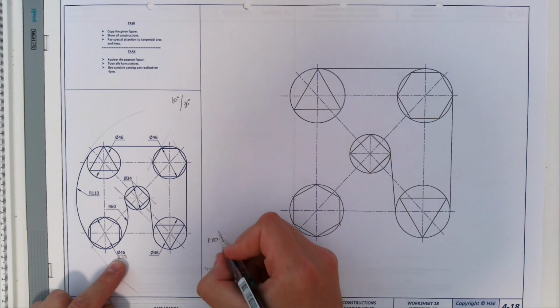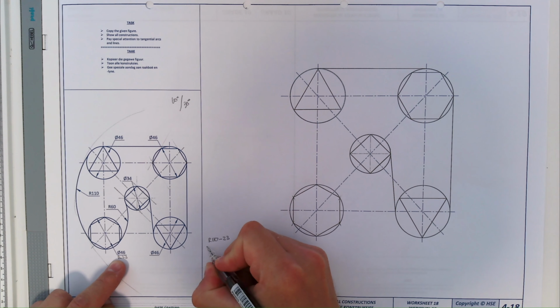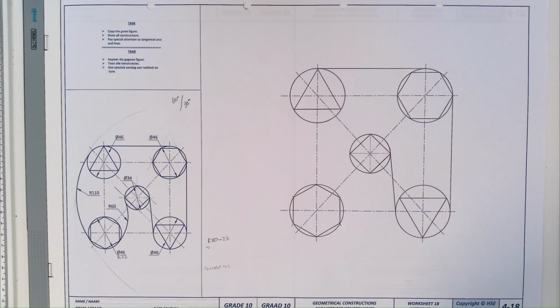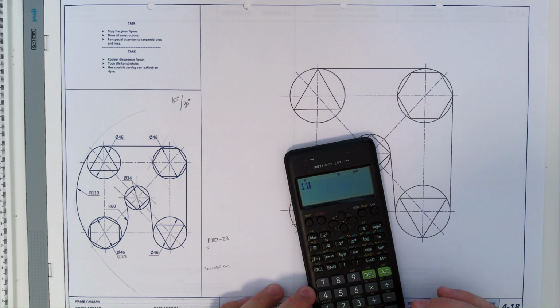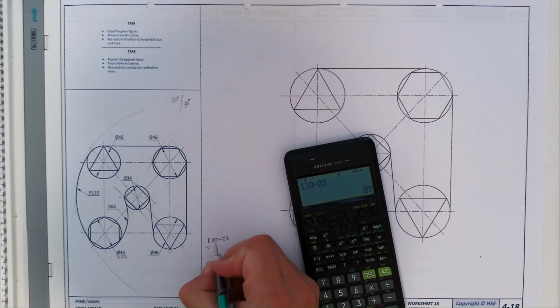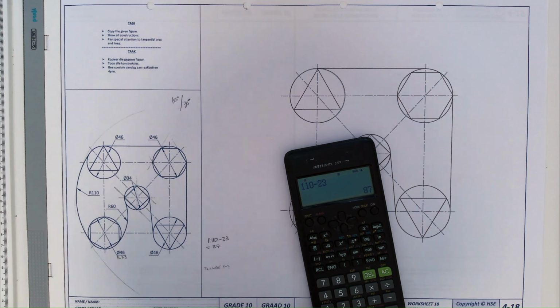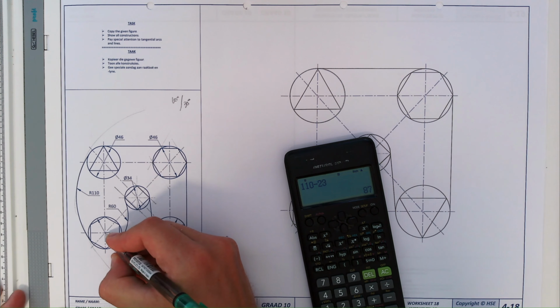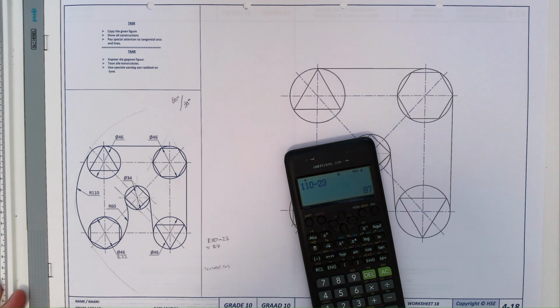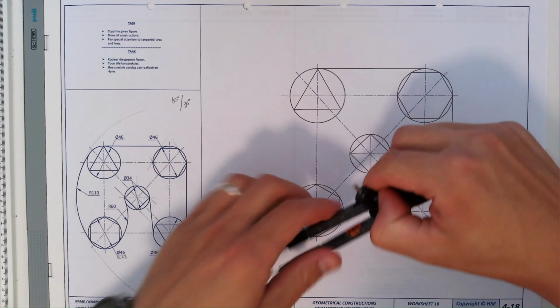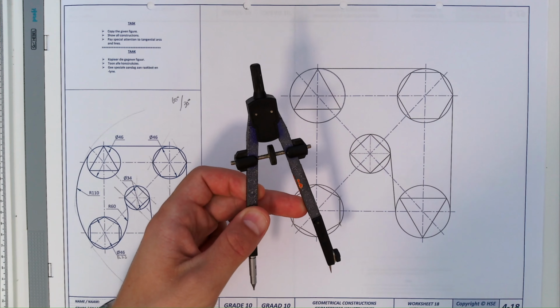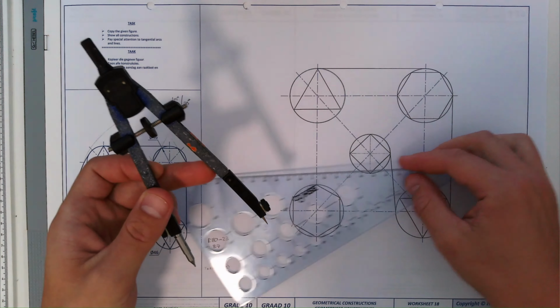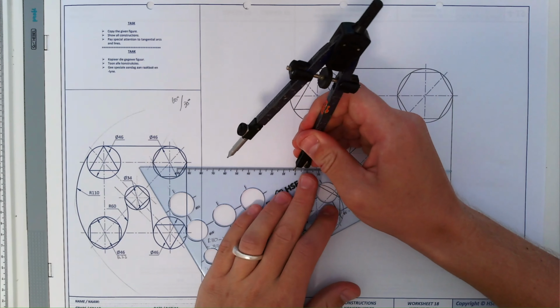So 110 minus 23 gives you 87. So I'm going to construct an arc of 87 millimeters from this middle point. Let's do that quickly. 87, I'm going to take my compass and set this on 87.